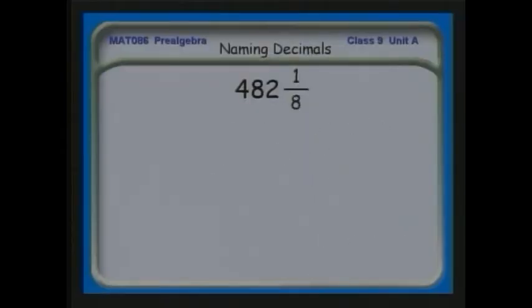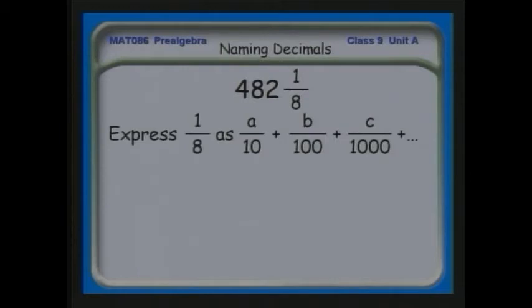Here's one more. 482, well, we're getting real used to that number, but now we have 482 and 1/8, even less. What we need to do again is express 1/8 as that combination of tenths, hundredths, thousandths, and so forth. Let's try that.